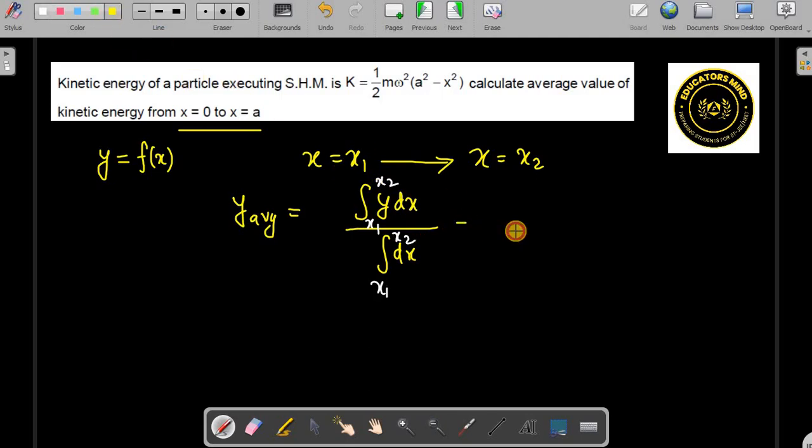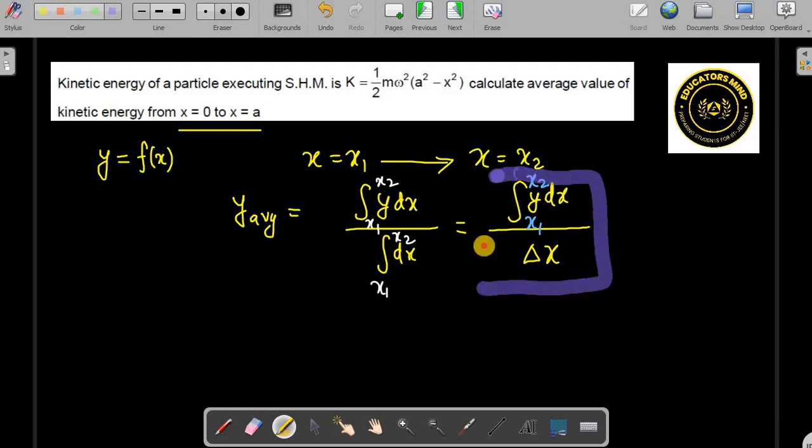The denominator becomes delta x, because the integration of dx will be x, and upper limit minus lower limit is x2 minus x1. So this is y dx between the limits x1 and x2. This is the formula to calculate the average.